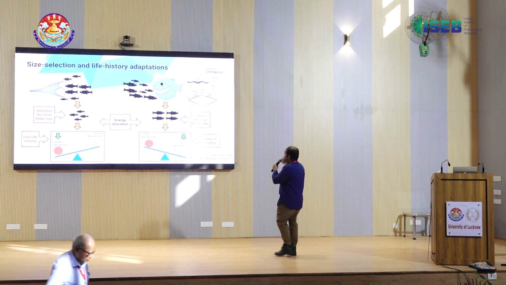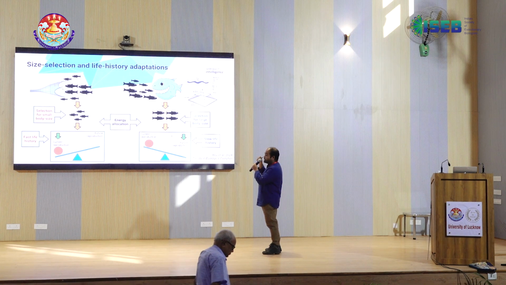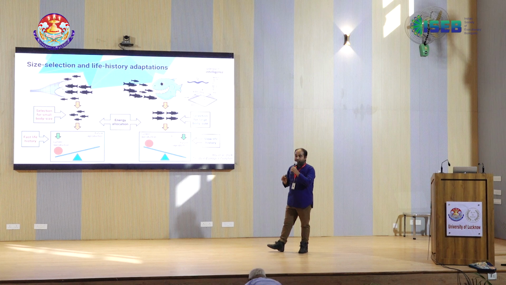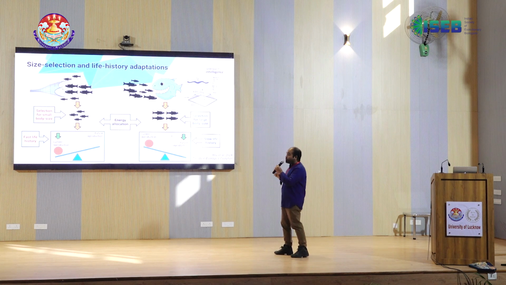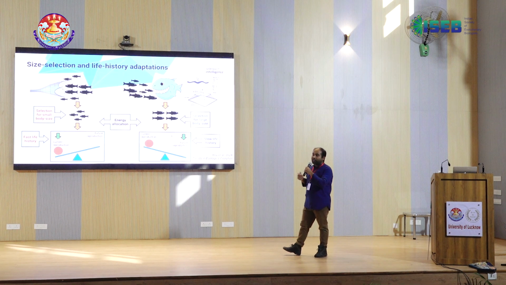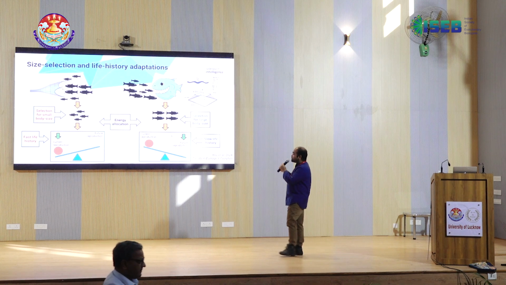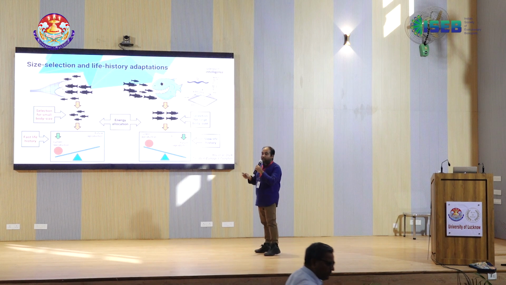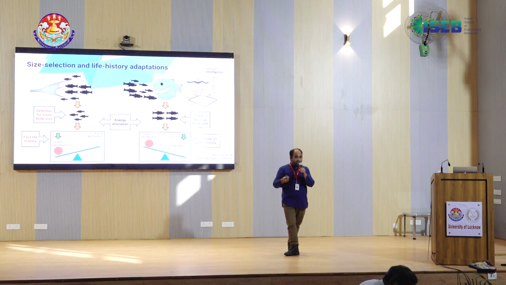On the other hand, there could be gape-limited fish predators which specifically catch small-sized fish, sparing the large ones. There could also be certain kinds of fishing gears which have size limitations, which specifically catch small-sized ones, again sparing the large ones. So a selection for small body size or large body size will ultimately lead to a change in life history traits.